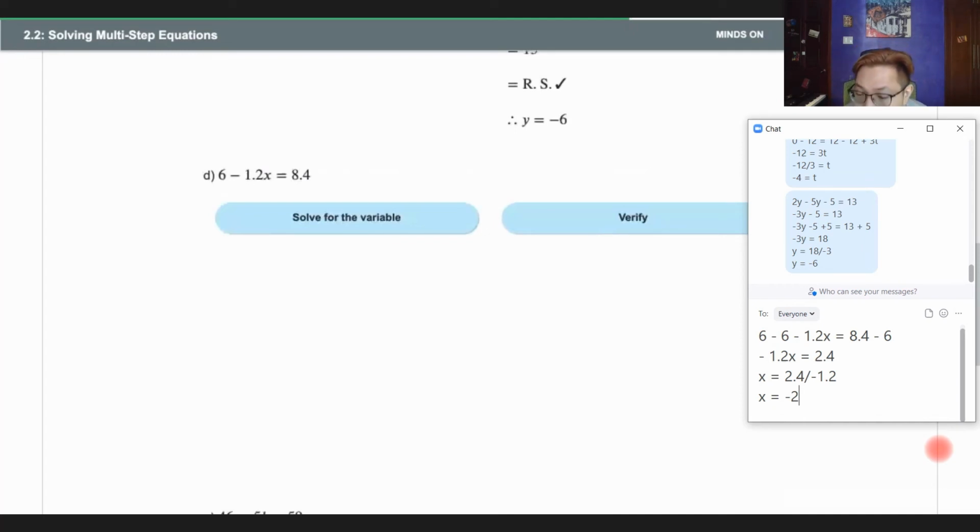Yeah, so 8.4 minus 6 becomes 2.4. Mm-hmm. Okay, you're starting to make mistakes. Maybe try to do the last 4 exercises again by yourself, okay? At home.